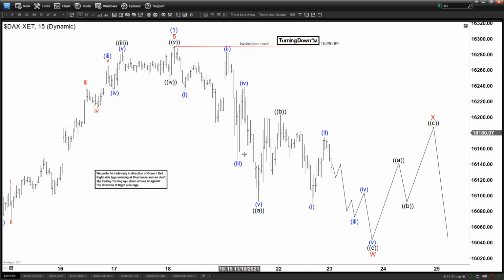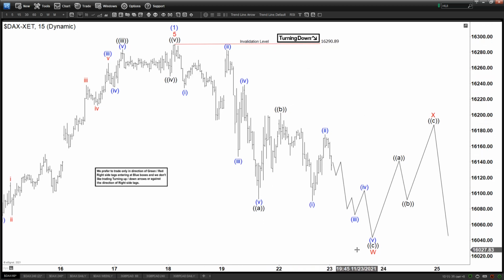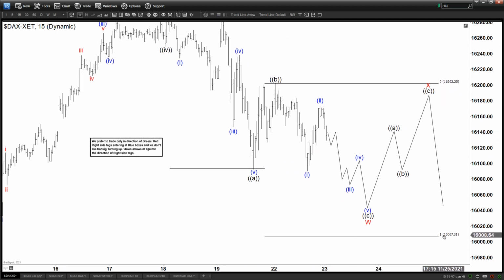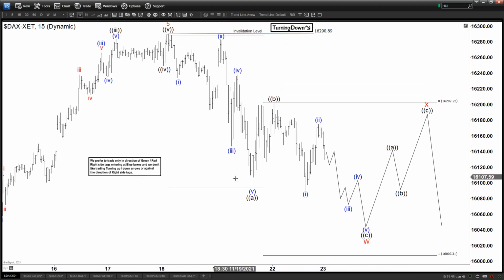So typically when you have an ABC, the C is going to reach at least 100% of the A, right? So if you measure the extension, it doesn't seem to be reaching the 100% yet. Since we do have a lower low, and we haven't reached the 100%, there's a possibility we continue to extend to the downside for the DAX here.